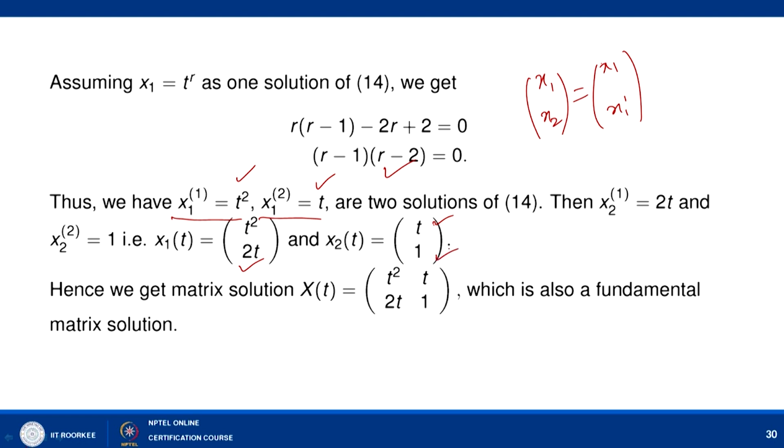So, it means that two linearly independent solutions are (t square, 2t) as one solution, and another solution is (t, 1), and you can see that these are linearly independent solutions.